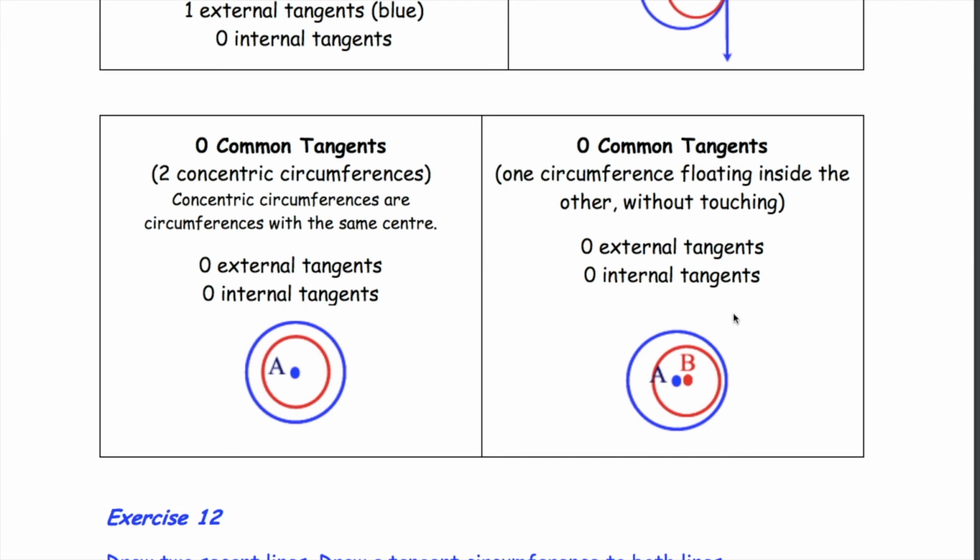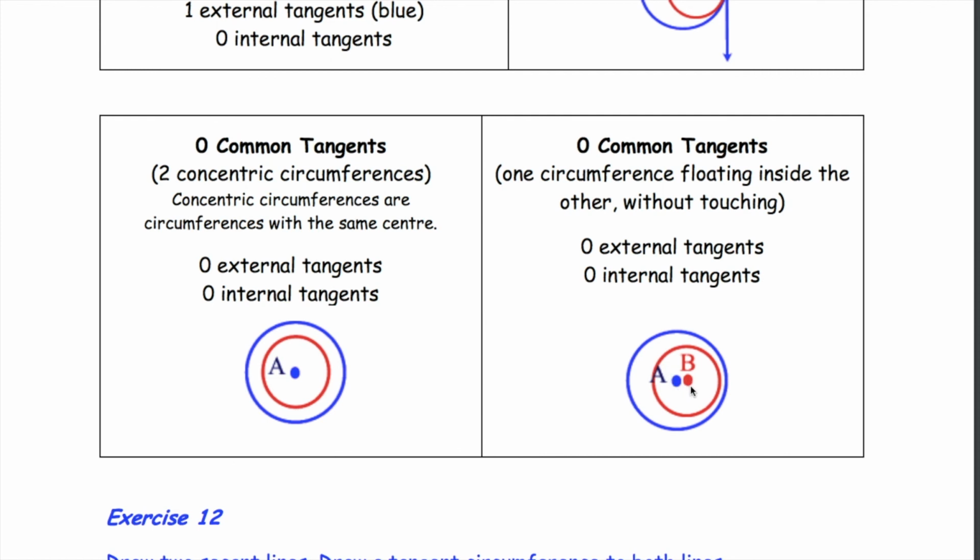The other situation is when one circumference is floating inside the other without touching. So circumference B is inside of circumference A, but they have a different center point.